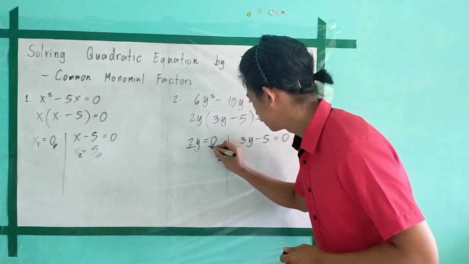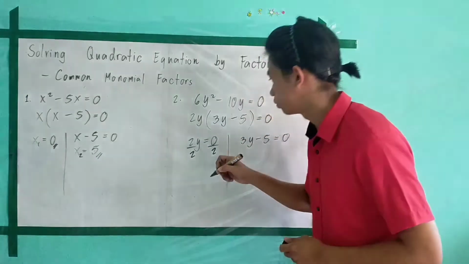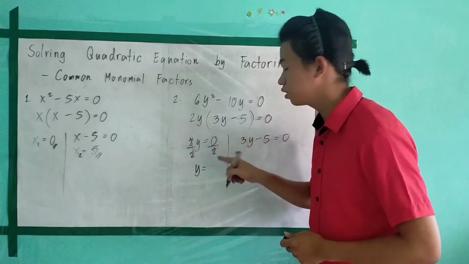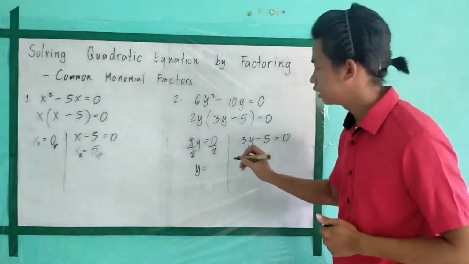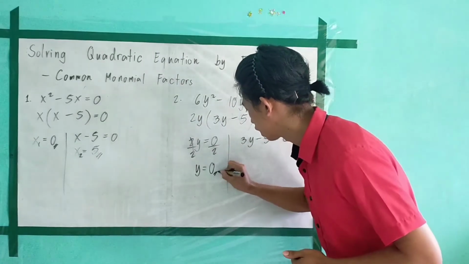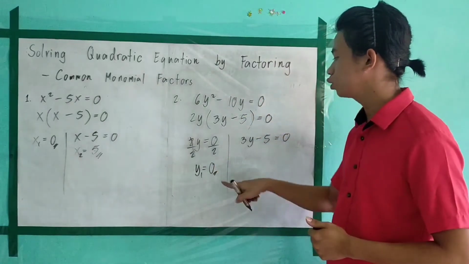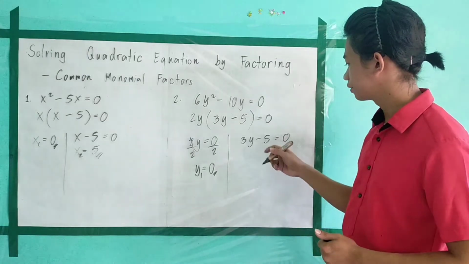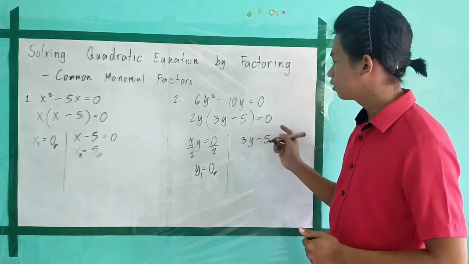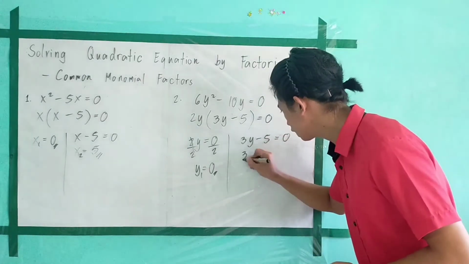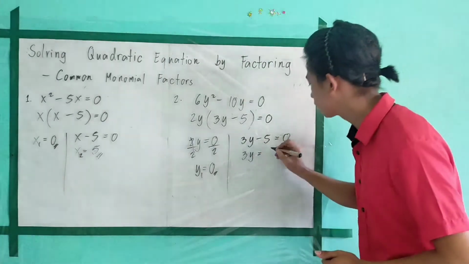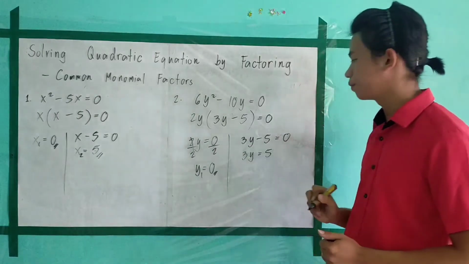Next, here, divide this term by 2. So, cancel out. Y is equal to 0 divided by 2. That is 0. So, our y sub 1, or the first solution, is equal to 0. Next, isolate natin yung variable y natin. So, we have 3y is equal to, transpose negative 5, we have positive 5 na.